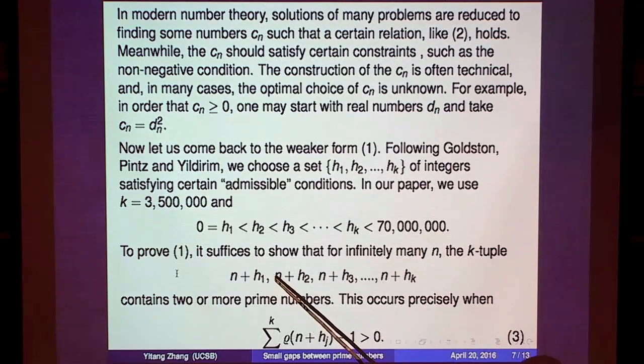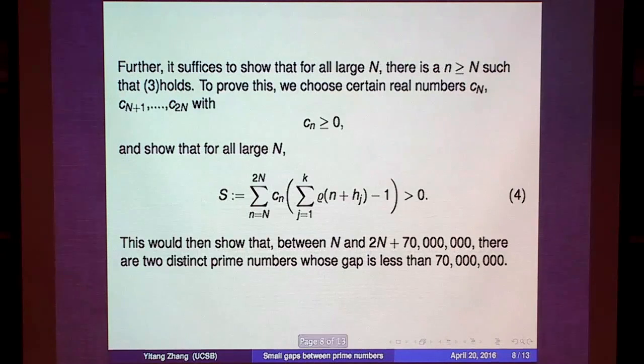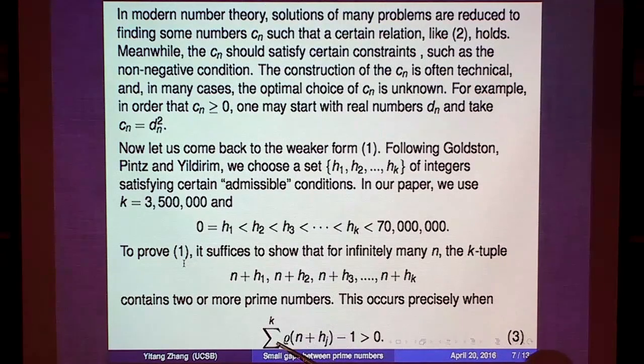So we need to show that for infinitely many n, these k numbers in this sequence contain at least two prime numbers. Then we take the formulation like this. Sorry, that should be the sum over j from 1 to k.